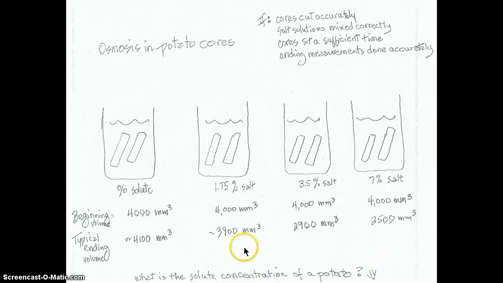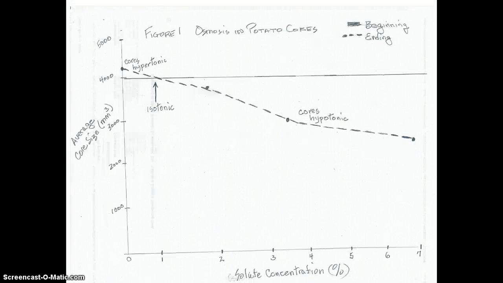Let's look at a graph I've made. Here's a graph of the data that was just expressed. The vertical axis, the y-axis of the graph, is the average core size in cubic millimeters. The x-axis is the solute concentration in percent.